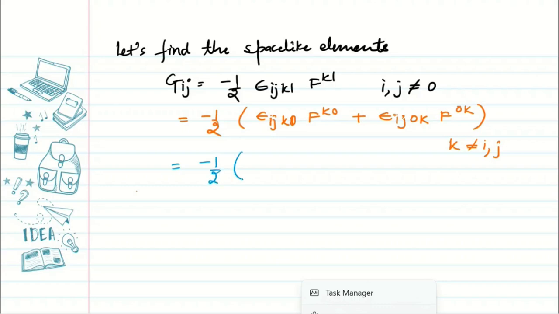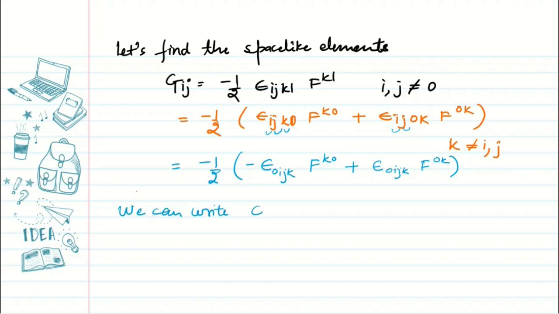We can write this as minus of epsilon ijk Fk0, because we are doing 3 swaps, so we are taking the negative sign here. Then this is epsilon 0ijk F0k, swapping these two and these two, so these are an even number of swaps. We can write epsilon 0ijk as epsilon ijk also, where i, j and k are not equal to 0.